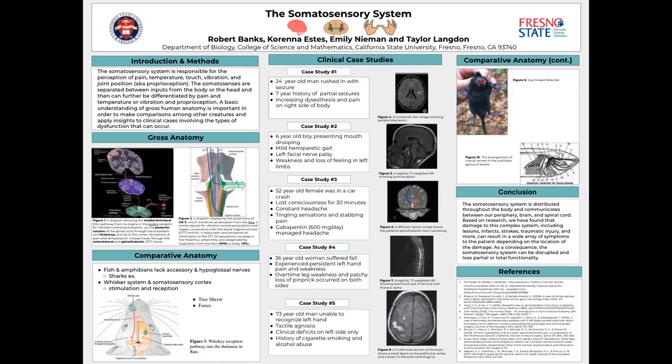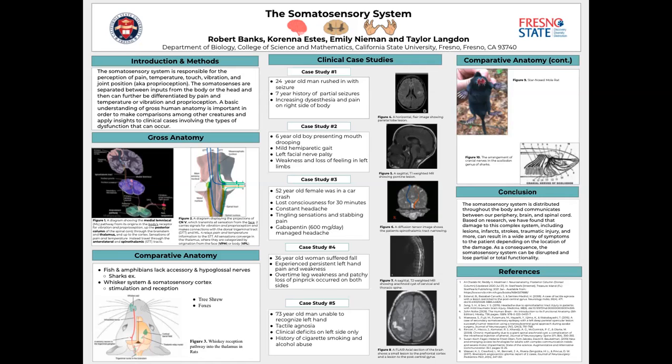And then it continues to ascend, as it's now called the medial lemniscal pathway, up until it reaches the thalamus and the VPL, where it then will be projected out to the primary somatosensory cortex.